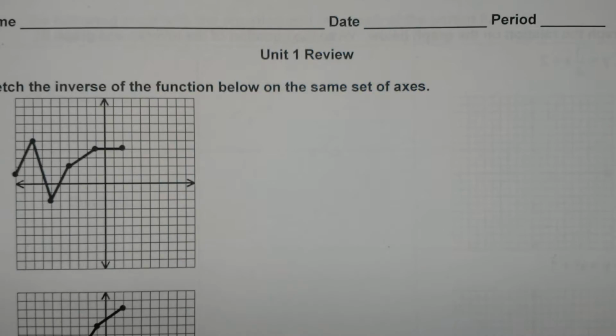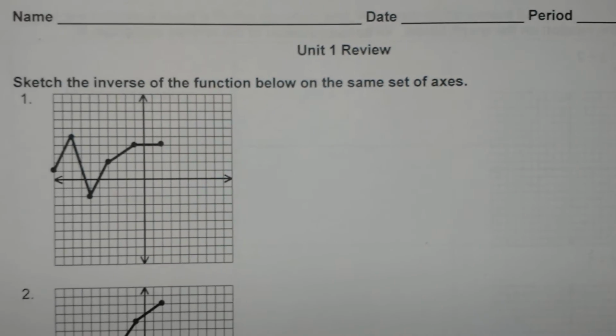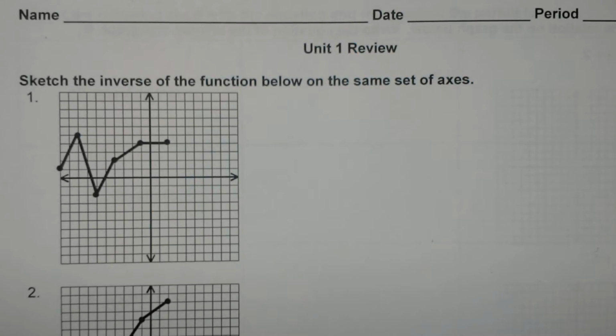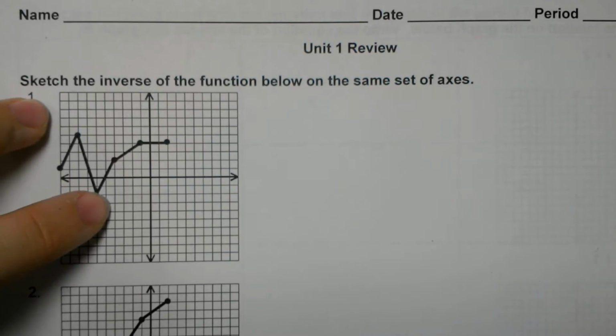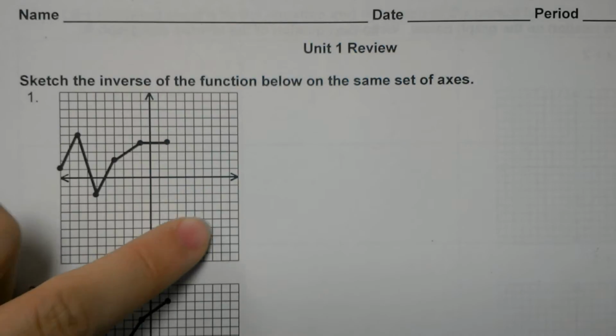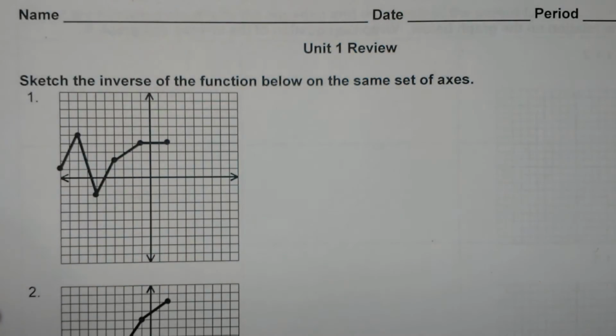Okay, so this is our review for Unit 1. Number 1 says to sketch the inverse of the function below on the same set of axes. So I need to identify all these points so I can switch their x and y values to find where my inverse is going to be.